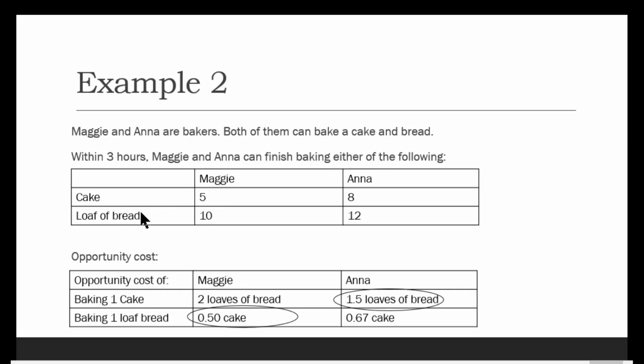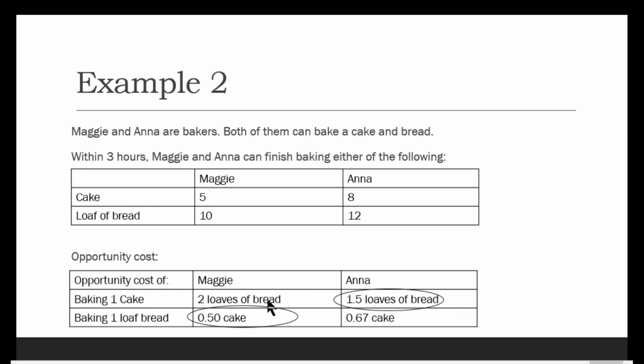Meanwhile, if she chooses to bake bread, what will she lose? What is the ratio of the opportunity cost? That would be 0.5 cake, or half a cake. So for every 1 loaf of bread that she will bake, she will lose half of a cake. Meanwhile for Anna, if she chooses to bake 1 cake, what will she lose?